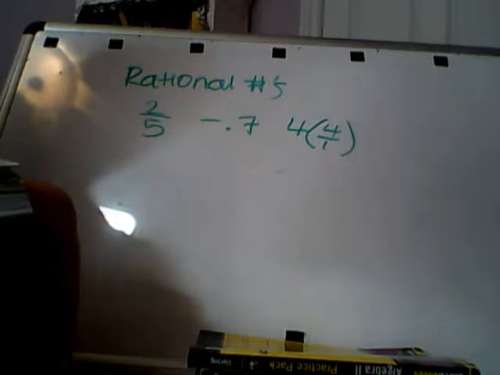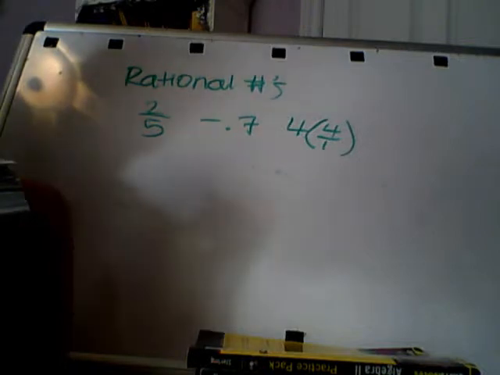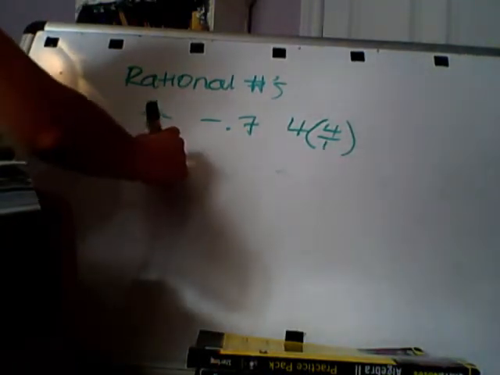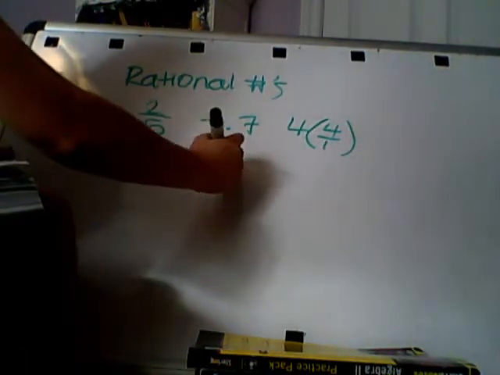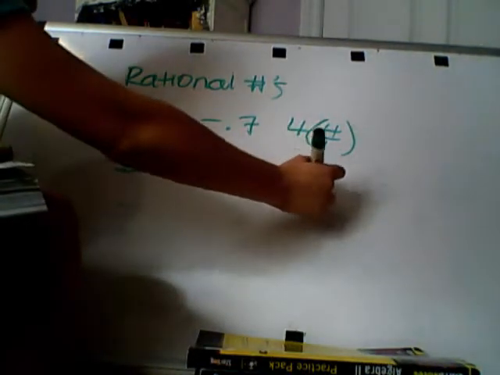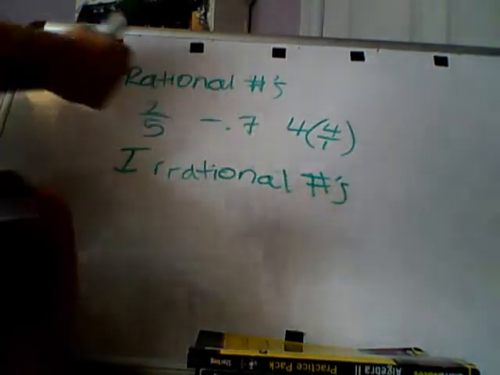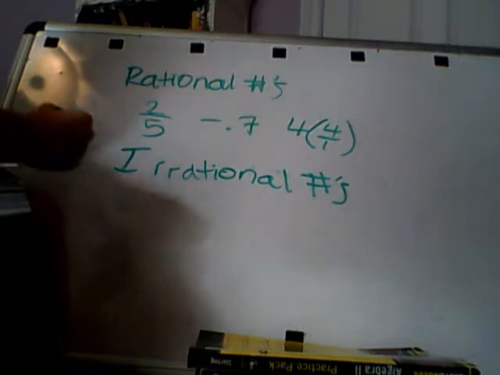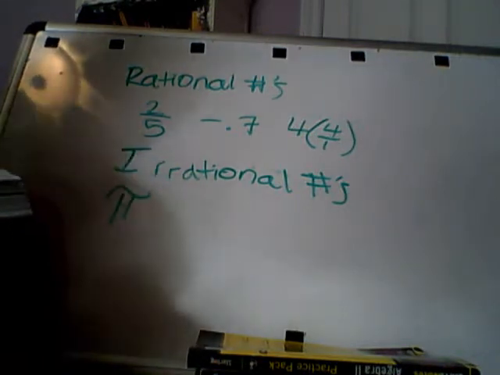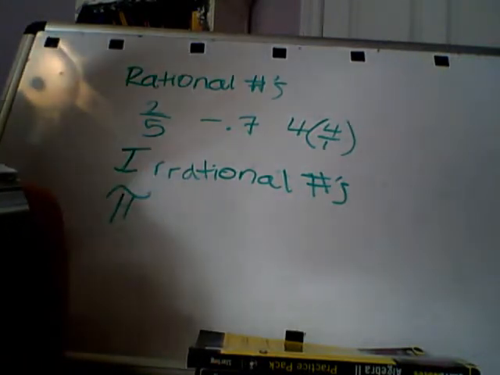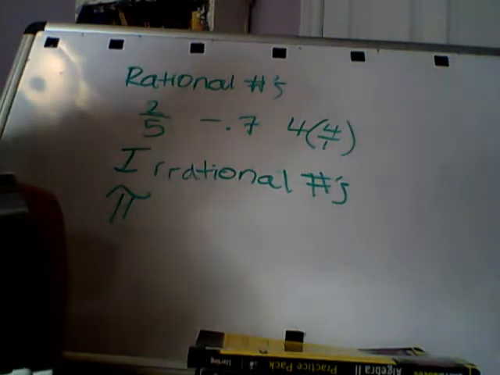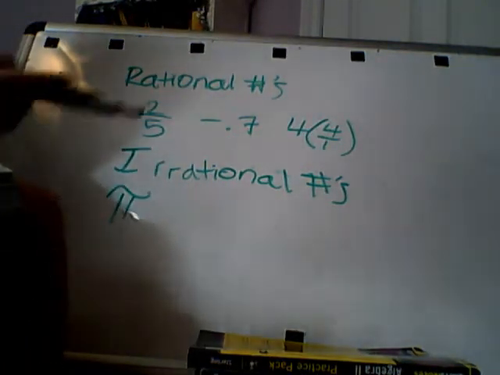And we also have the opposite of rational numbers, which is irrational. Irrational numbers are like pi, which is 3.1415, on and on and on, it never ends.